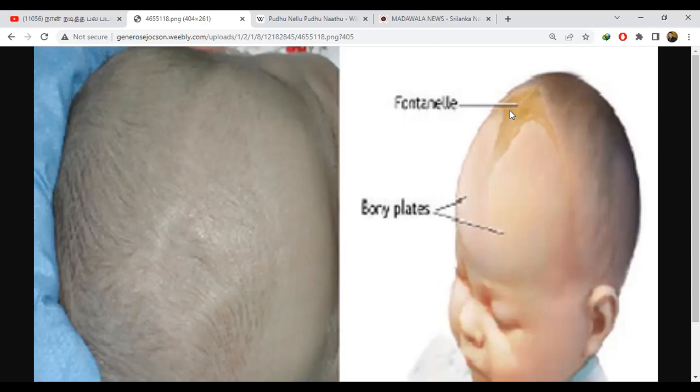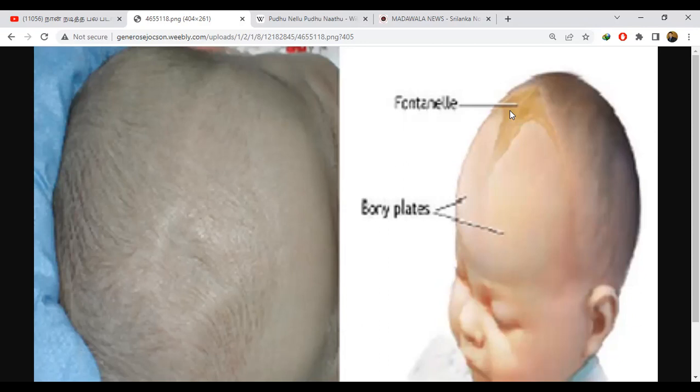Gradually, that membrane part is becoming harder and harder. The skull is becoming harder. When the child is born, certain parts of those membrane bones are not yet harder. And those places are called fontanelles. If you touch, you will notice it is a softer place.